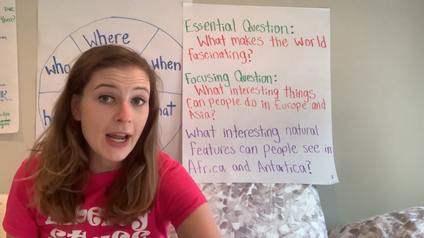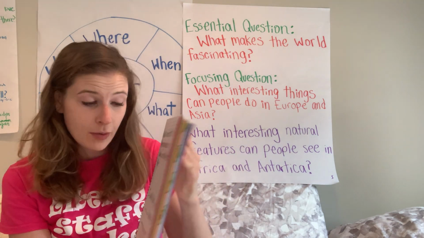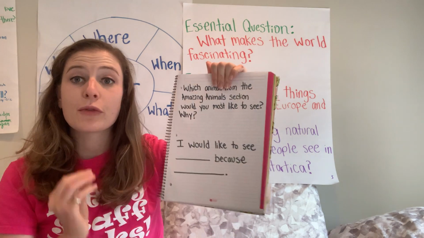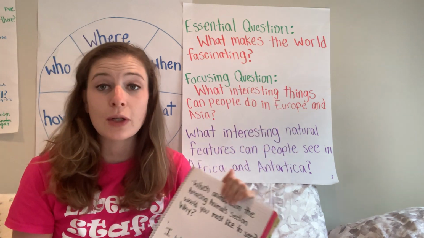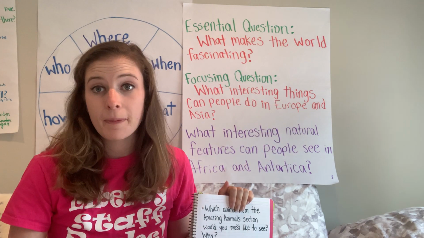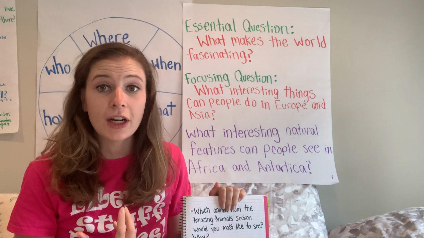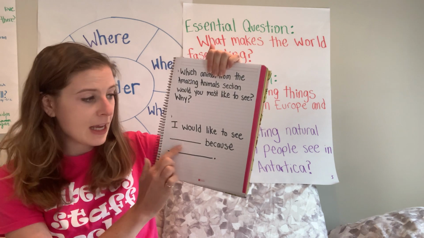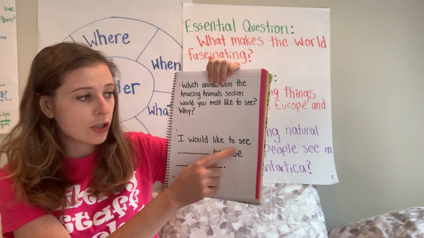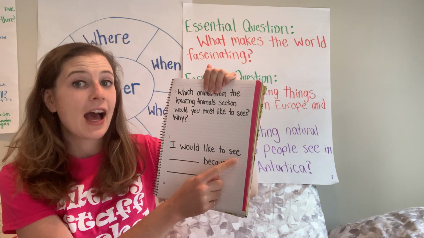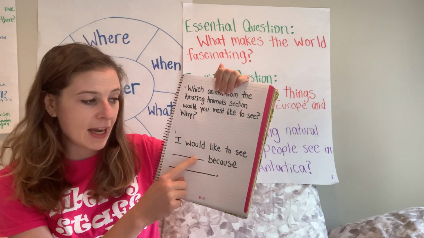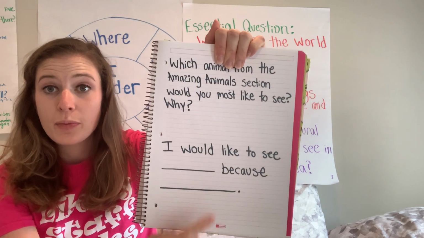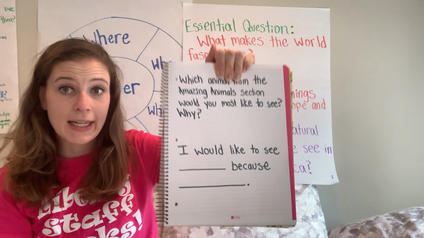So to write that, if we're doing opinion writing, you're going to start by restating the question. Remember, you can't just write gorillas because that is not telling your reader what you're talking about. So you need to write, I would like to see, and then that's where you pick and put what animal you would most like to see.